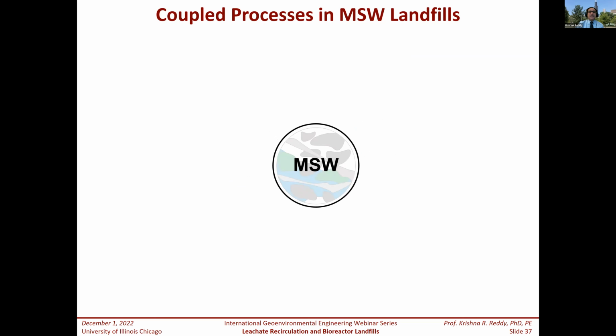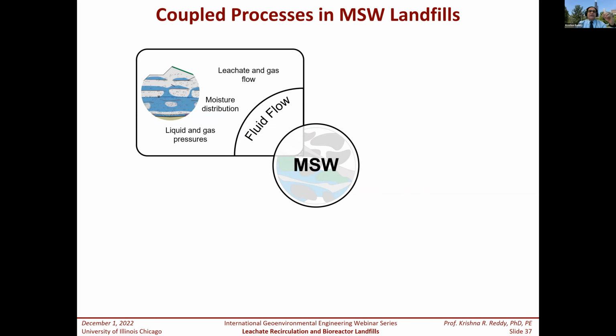And then if you look at what is going on during the bioreactor landfills, you are injecting the leachate, right? So that's the fluid flow. As a result of that, your moisture is being distributed and liquid and gas pressures are induced, and then you have a leachate and gas flow that is happening in the waste. So this is basically the hydraulic problem.